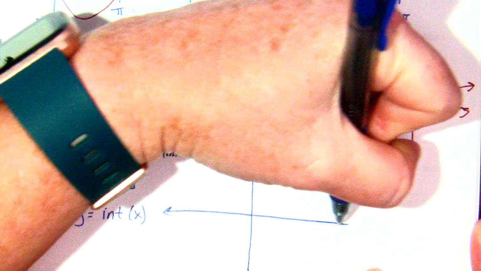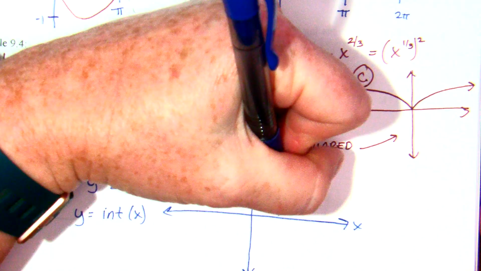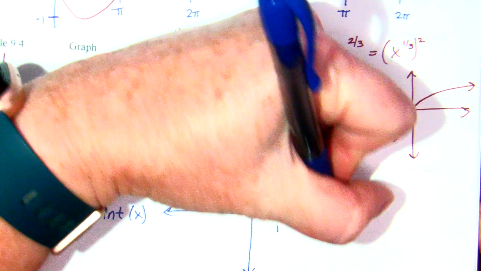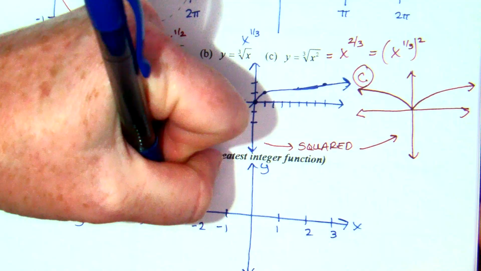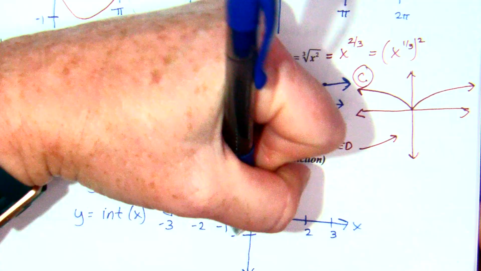Okay, so let's draw this out real quick. These are the stair steps. They're just not connected. I'm going to label up to 3 on the x-axis and down to -3, and then up and down to 2 and -2.